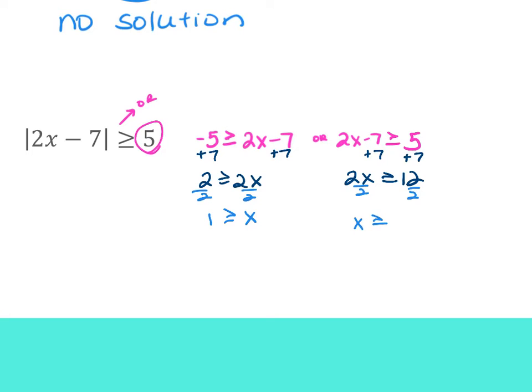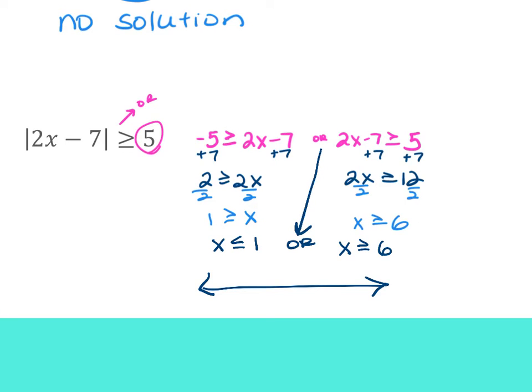So I add the 7 to both sides, I'm still doing the same steps. This is 2x is less than or equal to 2, and 2x is greater than or equal to 12, and then divide by 2, all the parts. And I get x is less than or equal to 1, or x is greater than or equal to 6. Notice the x is on the wrong side on the left, so I want to switch this around so that it's x is less than or equal to 1, or x is greater than or equal to 6. So 1, 2, 3, 4, 5, 6. Or equal to means bracket.